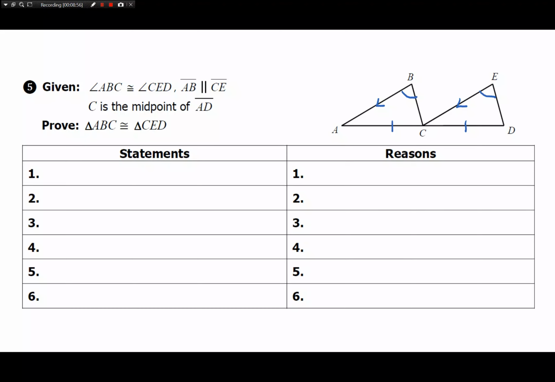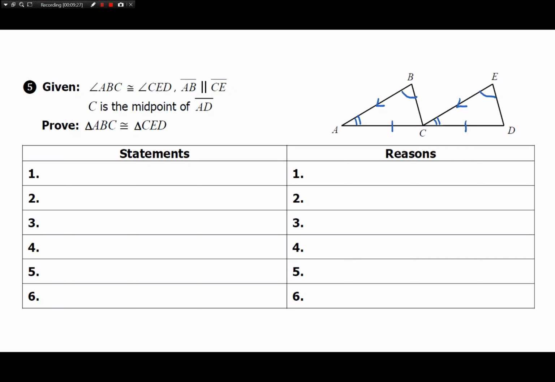However, we're going to use the fact that AB is parallel to CD to note that angle A and angle ECD would be corresponding parts, with the transversal being line AD. That would end up making angle A and angle ECD both in the same spot, which means that they have to be congruent to each other.